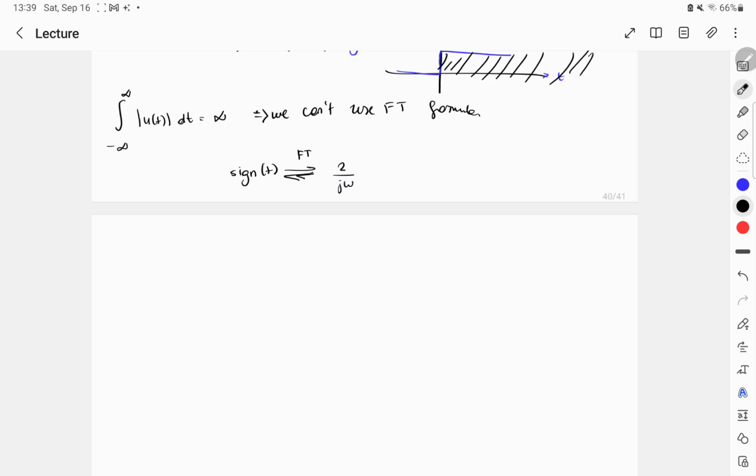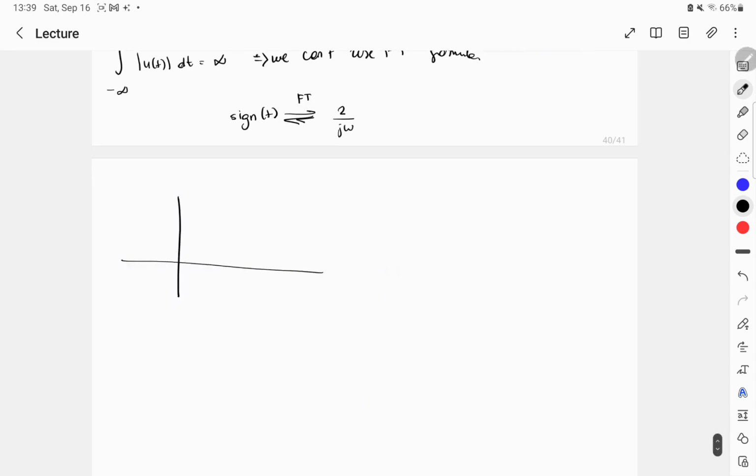The signum function is a function which is -1 until the value 0, and it takes the value 1 afterwards. So sgn(t). In order to find the Fourier transform of the unit step function, we need to apply some steps. First step will be the amplitude shift.